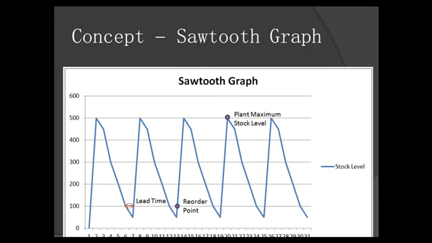Let me show you the sawtooth graph. Here in the x-axis we have the time. So let's just say this is a month, from the first day until the end of the month.